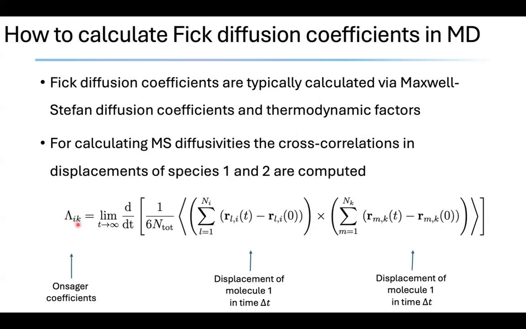Lambda ik equals the limit t tending to infinity of the time derivative of this expression here. The first bracket tells you what is the displacement of molecule 1 in a time t with reference to time 0.